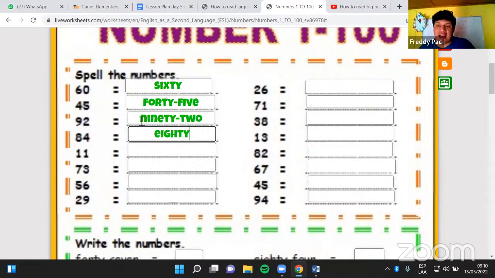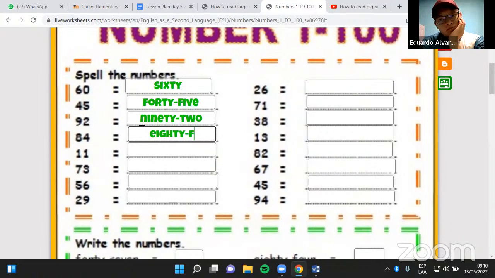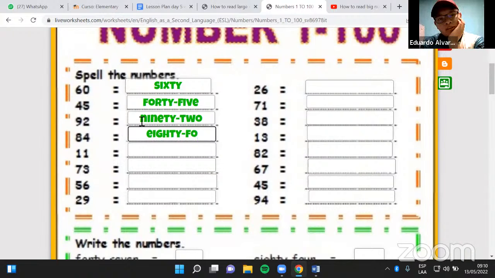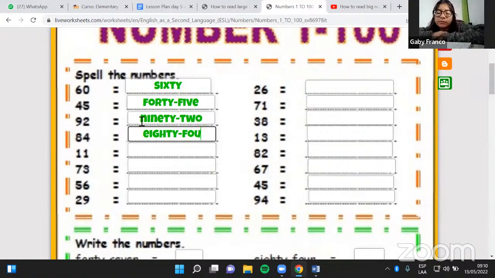Now, what do I need? Hyphen. Because the underscore is this, hyphen. Hyphen. 84. F for Foxtrot. O for Oscar. U for Uniform.